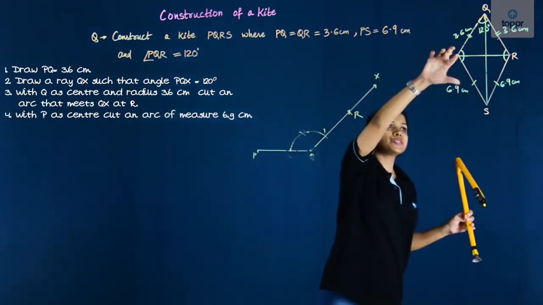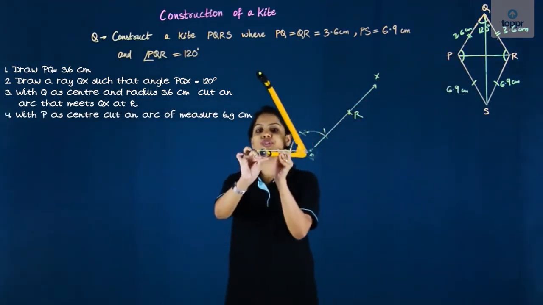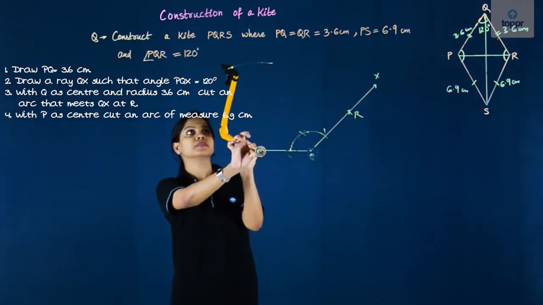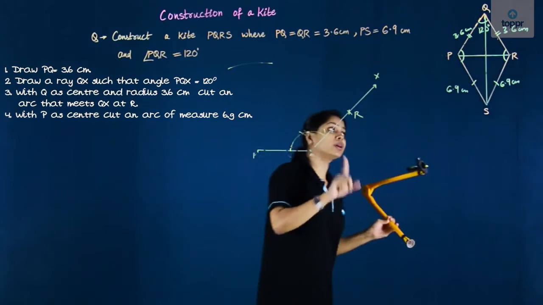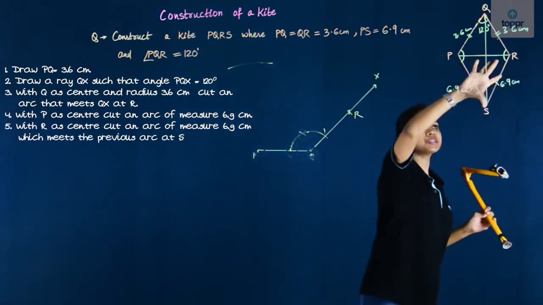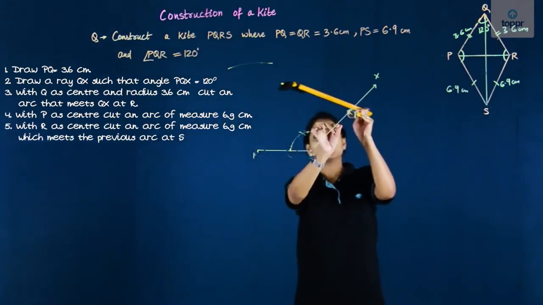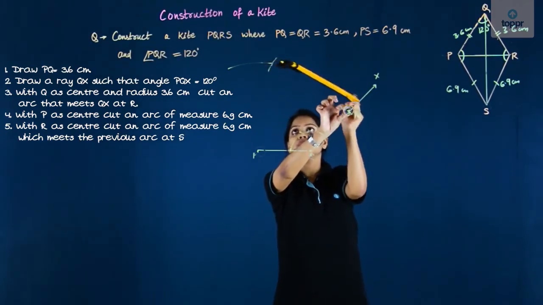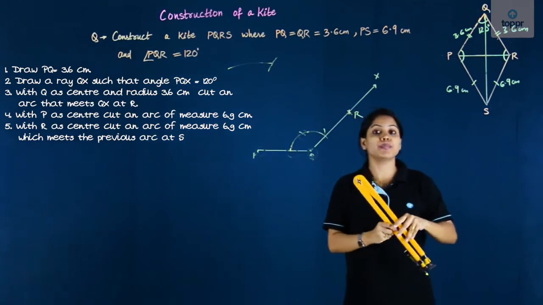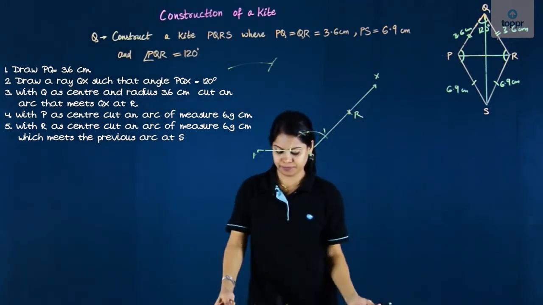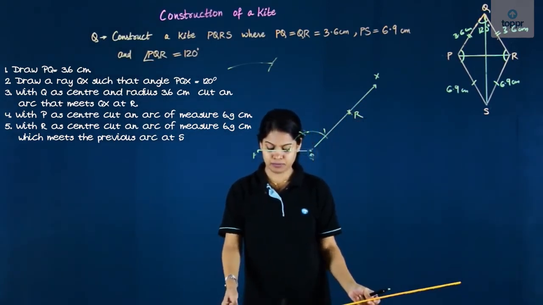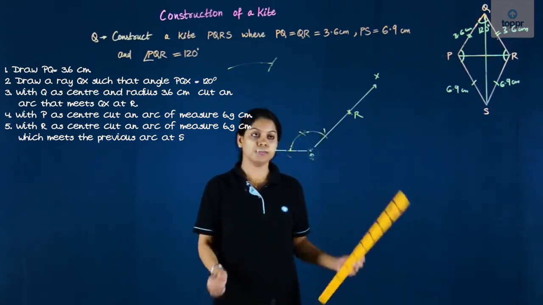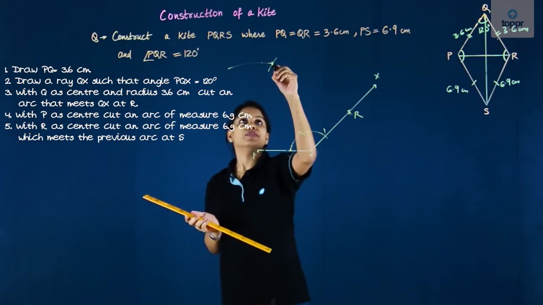So with P as the center, an arc of measure 6.9. And another arc, but this time R will be the center because R to S is 6.9. So the point where the arcs meet is my point S. I'll name this point first.